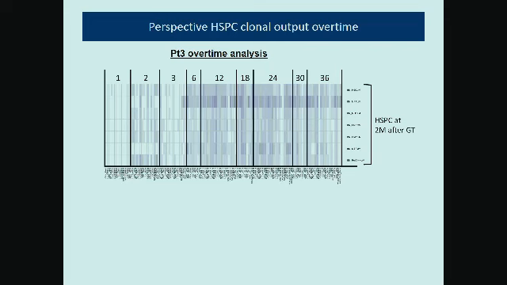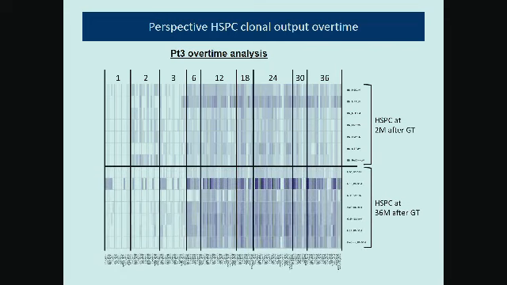If we compare this with HSPC that are instead isolated at 3 years, and we trace back where we were able to detect them, you can see that they were basically not active at 2 months. They start to be active only at 6 months, and their activity is much stronger as compared to the HSPC that were isolated at 2 months. So we clearly have here 2 different sets of HSPC.